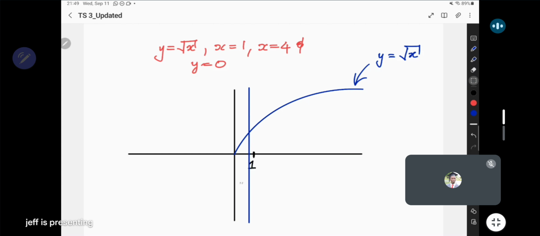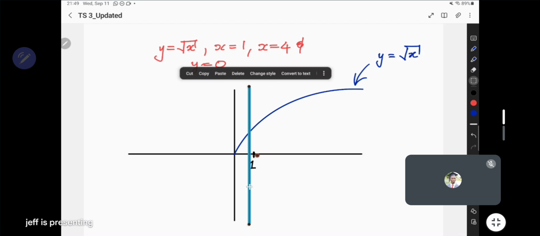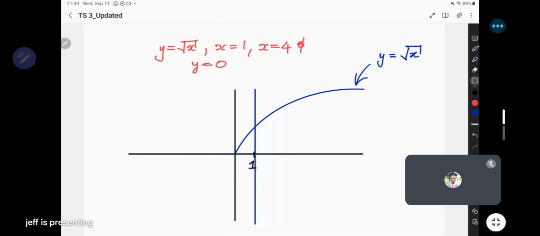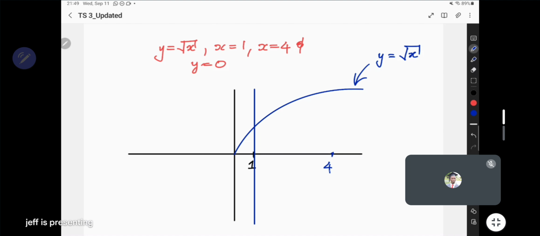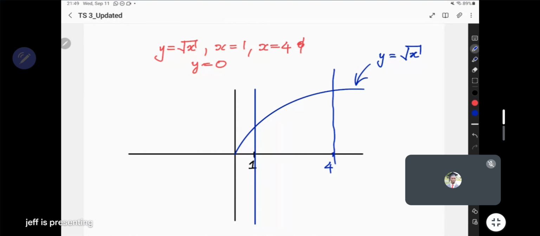So this is x equals 1. Next we have x equals 4. Let's position it somewhere here. So that is x equals 4. And lastly, we have y equals 0. Well, y equals 0 is the x-axis.